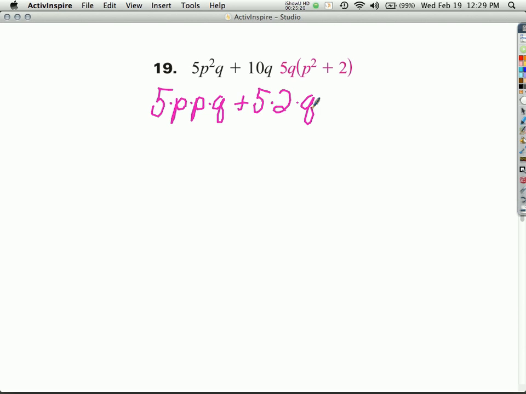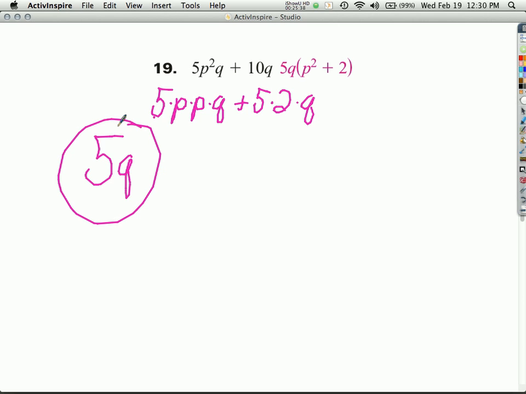Now you try to find, what do these two monomials have in common? They have a 5 in common, and they have, nope, not a letter P, not a number 2, oh, a Q. They have a Q in common. And that's the greatest common factor.